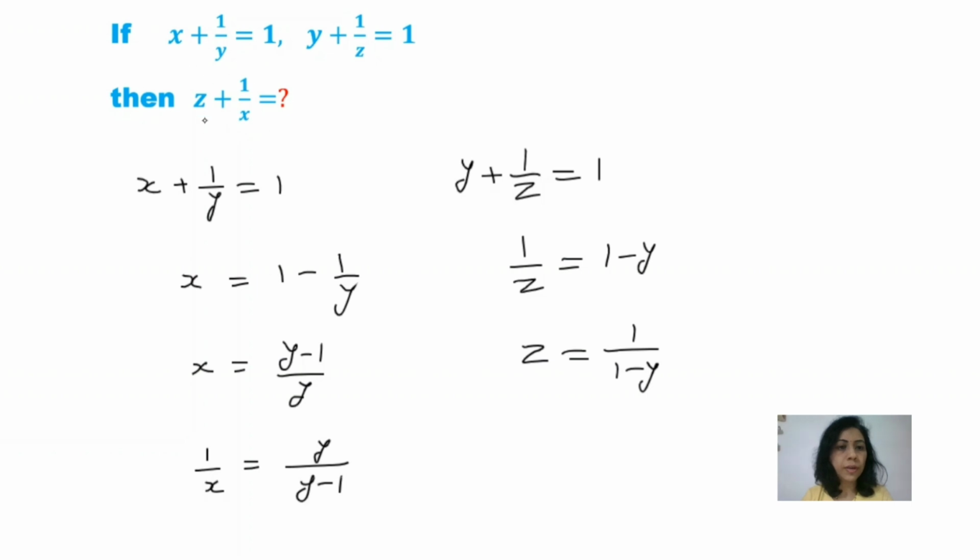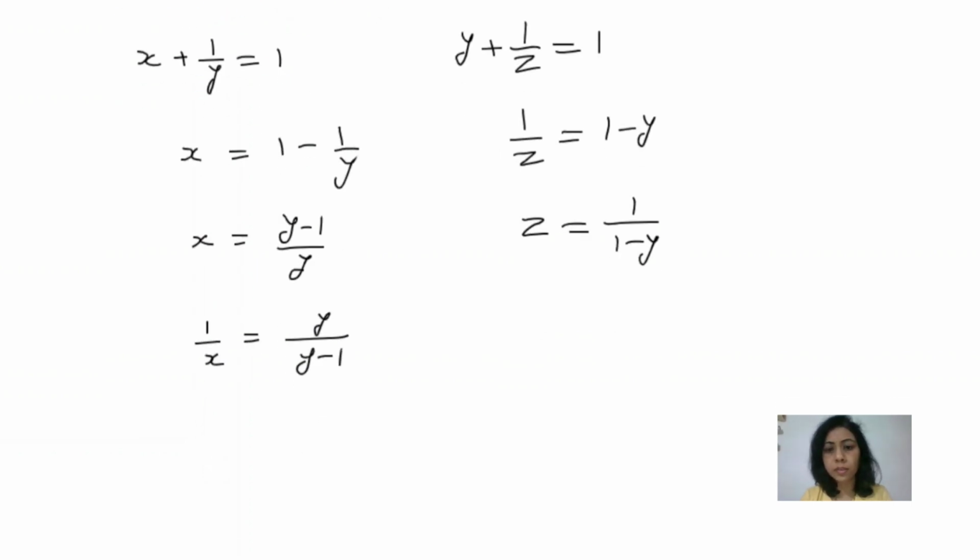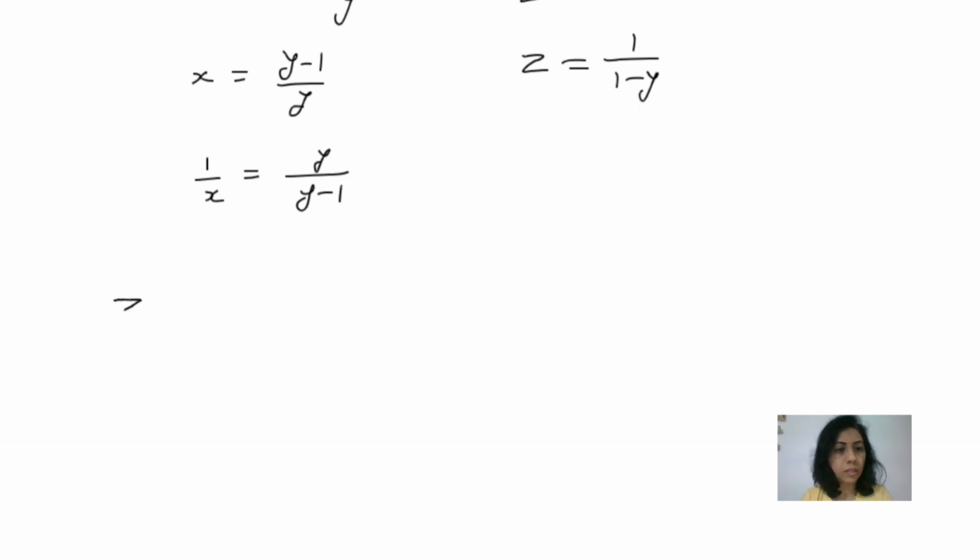So we have to find out this expression z plus 1 upon x. Okay, z plus 1 upon x. What is z value? This one, 1 upon 1 minus y, plus 1 upon x value is this one, y upon y minus 1.